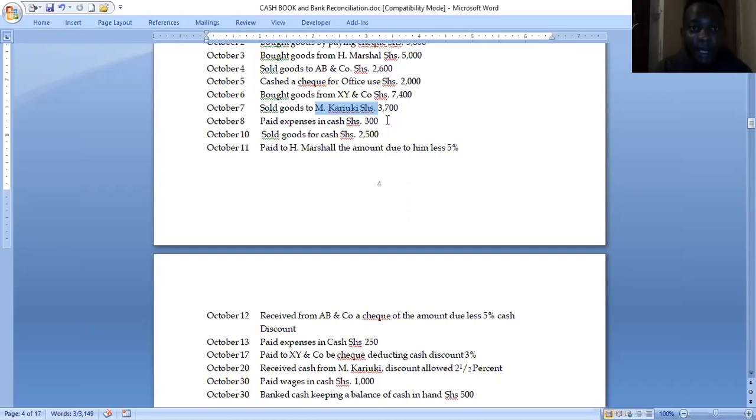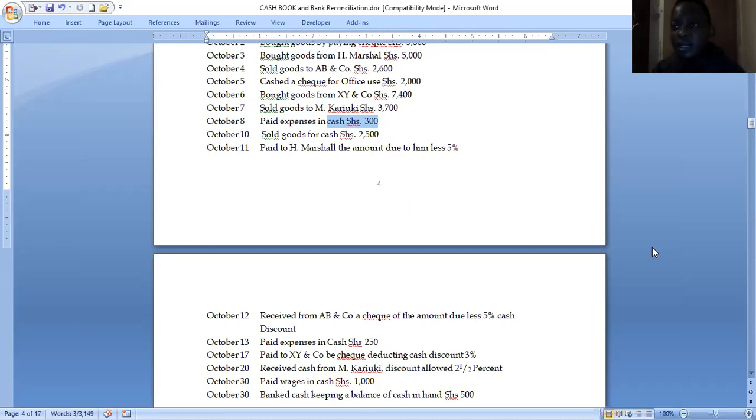And then we have paid expenses in cash. So the two accounts here are expenses and cash. Expenses are going up, cash is going down. Whenever an expense is increasing, you're supposed to debit, and cash is an asset.